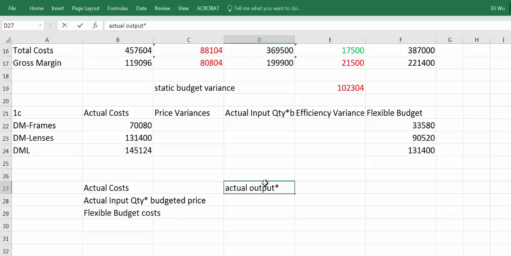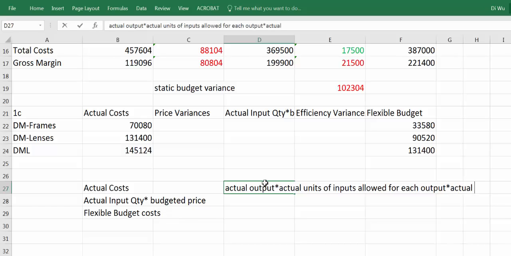You can call that material uses, or the quantity of the actual units of inputs allowed for each output. I know it's a weird, long term.